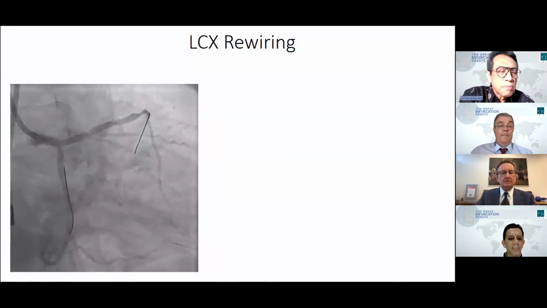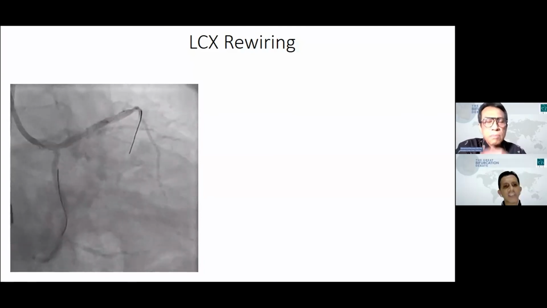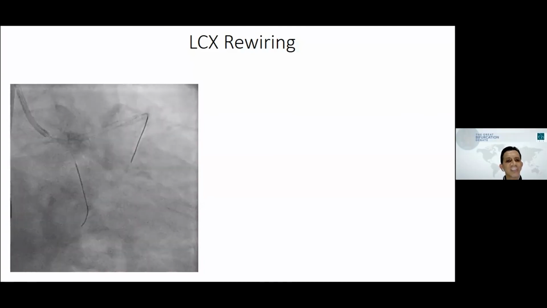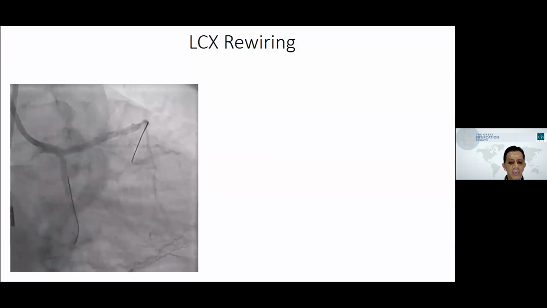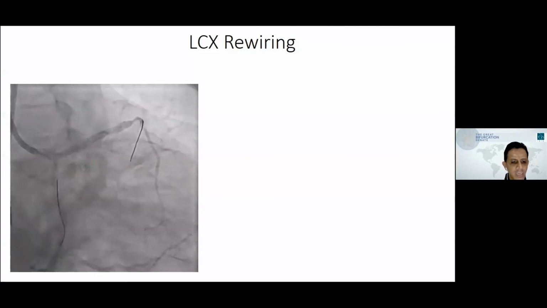So we rewired the circumflex using angiofluoro guidance. Our OCT is an old-fashioned machine, so it has no 3D reconstruction feature to assess guidewire recrossing online.